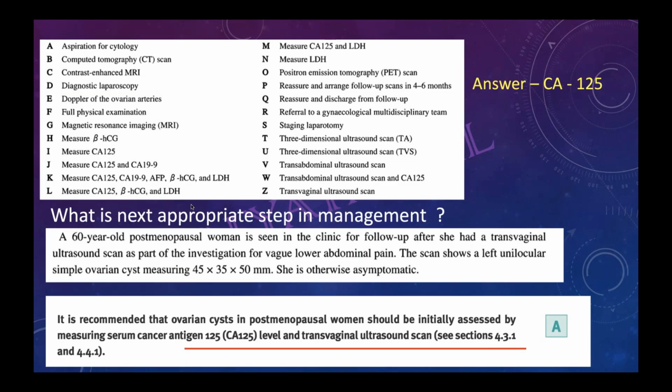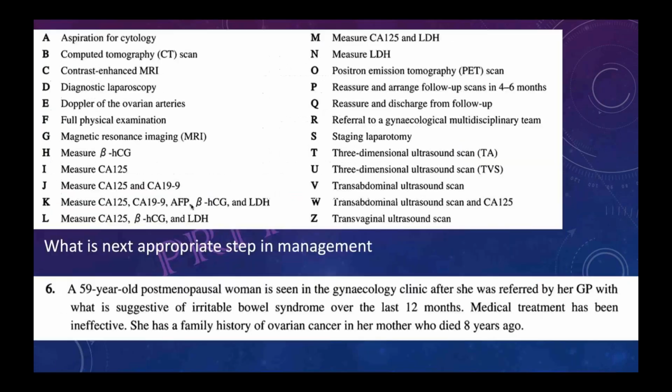Transabdominal and CA 125. Yes. A 59-year-old woman referred by GP, suggestive of irritable bowel syndrome. Medical treatment is ineffective. She has a family history of cancer. What should be the next step? I, ma'am. Measure CA 125.